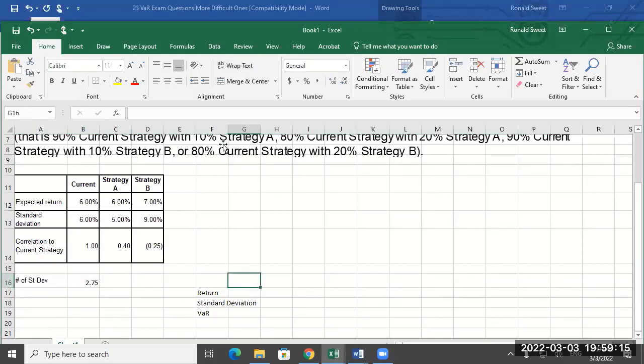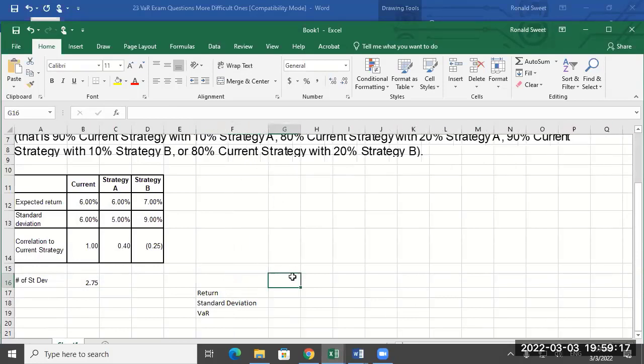All right, so let's work this out. So we've got the current portfolio. We have 10%, 20%, 10% B, 20% B. Now I wish I could take the final on an Excel spreadsheet, but we can't do that.